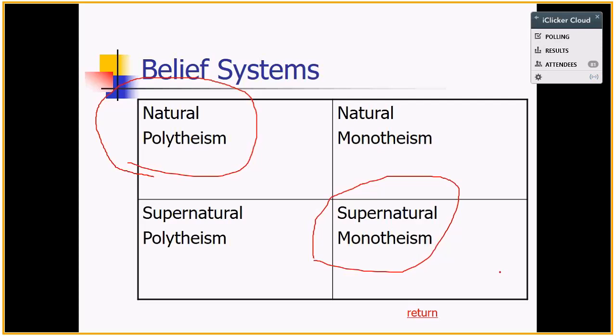And so since they're on opposite corners of the matrix, you can imagine that there's going to be some conflict. Now, the Europeans are going to try to Christianize the Indians. On the other hand, the Indians never felt much of a compulsion or need to try to convince Europeans to adopt their religion.